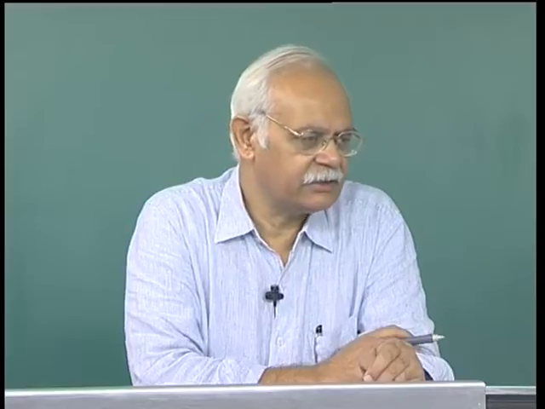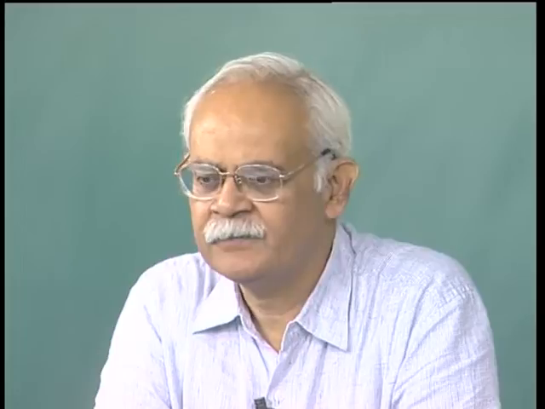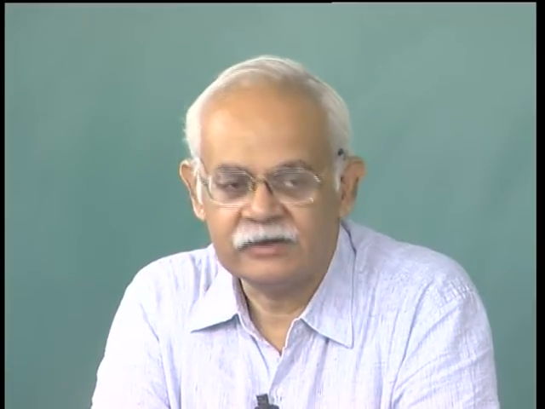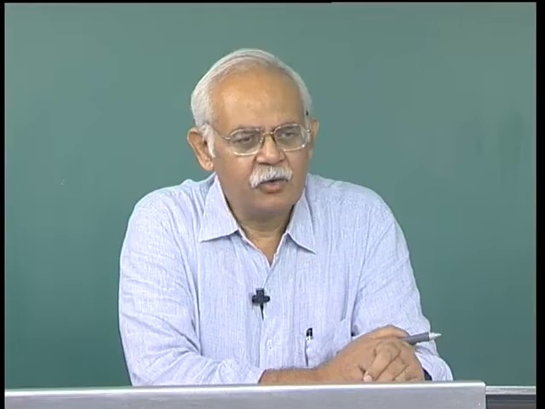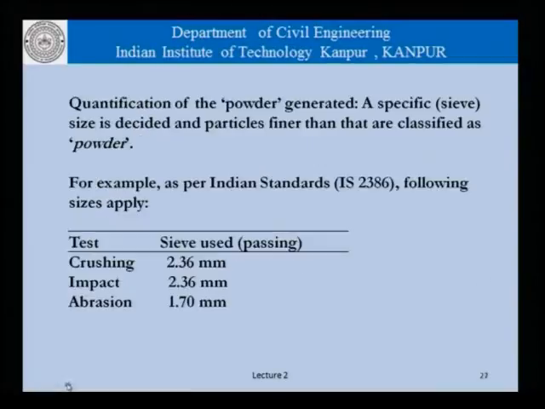Whereas, if we take the aggregate, do the same things to it, apply the same load and so on, and no powder is generated, then of course, the aggregate is very strong. How is the powder generated? The powder is generated by the fracture of the edges, the angular edges of the aggregate, and that is the tendency of an aggregate to powder.